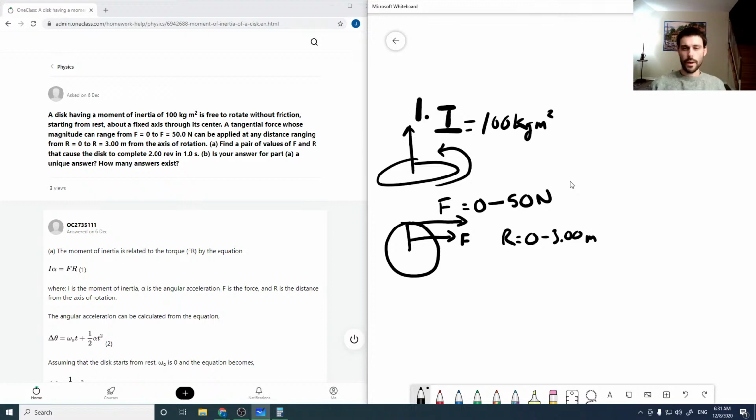We need to find a pair of values such that we move a delta theta equals 2 revolutions in a time of 1 second. We're given all this, and it asks if the answer is unique.